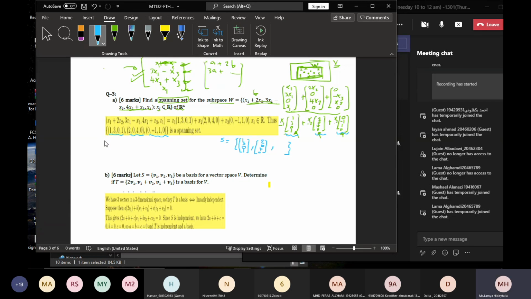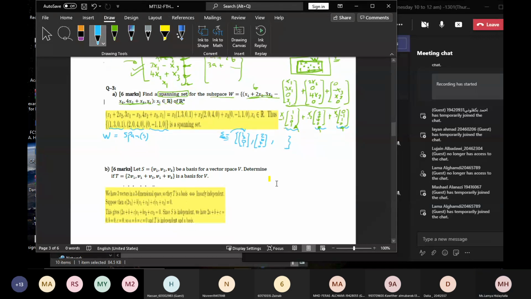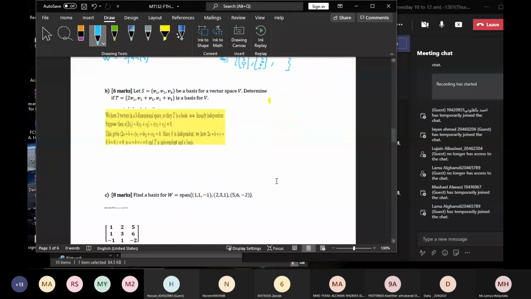So the subspace W is equal to span S. It is spanned by the set S, where S is the set that, actually, he asked me to find. Is it clear? Or is there a question? Clear? Yeah, clear.